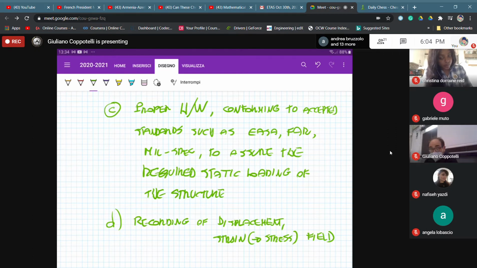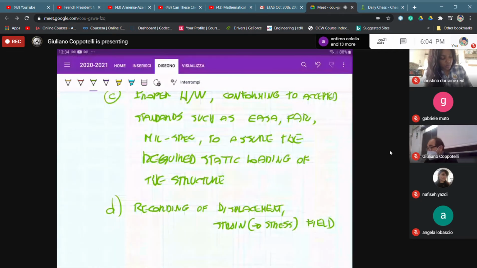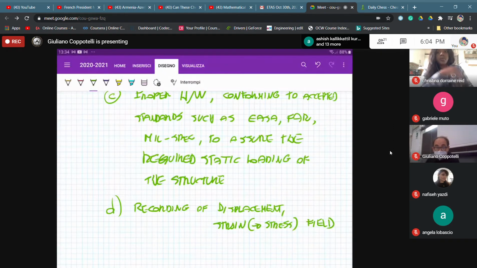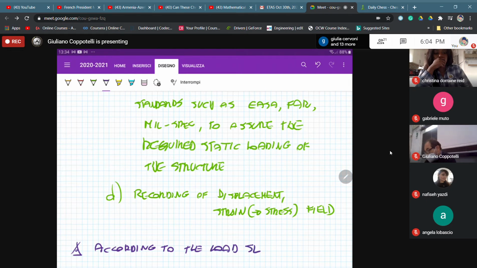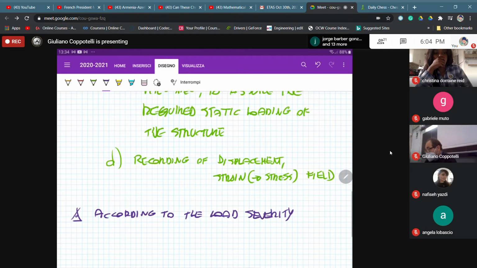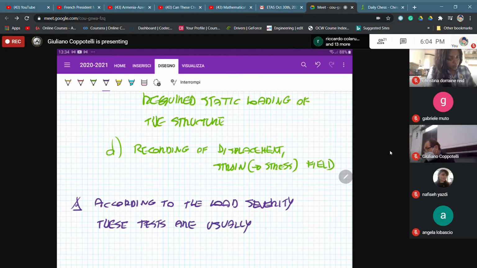What type of tests are we considering in general? In general, these tests refer to the severity of the loading. Okay, so according to the severity of the load, these tests are usually done.